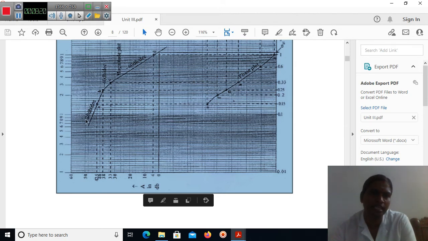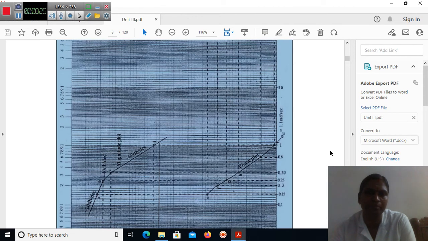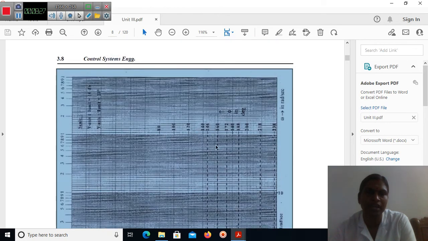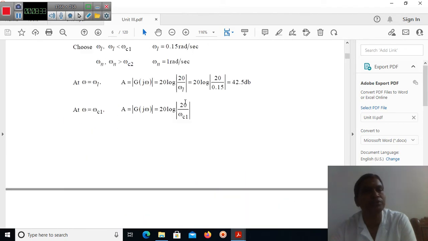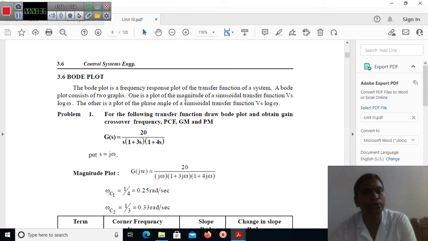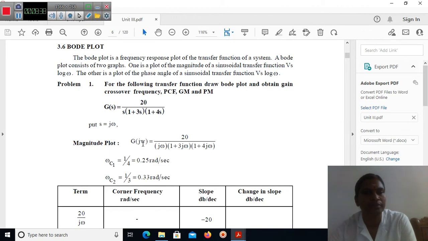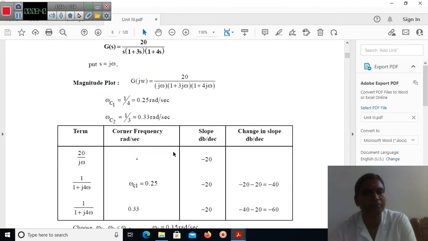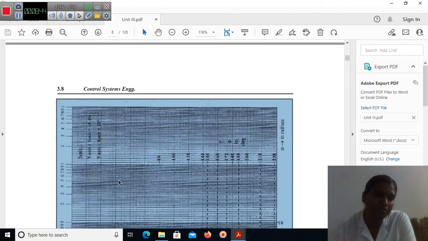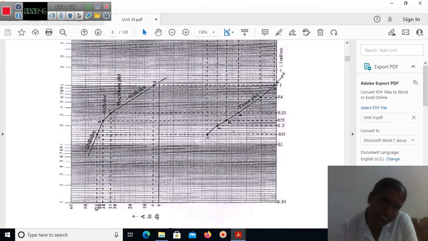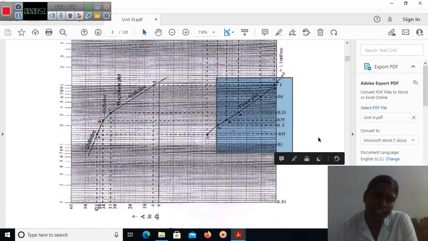Next, this is the magnitude plot. Similarly, we can change the phi angle. Here we have considered omega and phi, and we have to draw the graph. Similarly, we calculate the magnitude plot, g of j omega versus the change in slope. From the graph we can understand this is a magnitude plot and this is a phase plot.